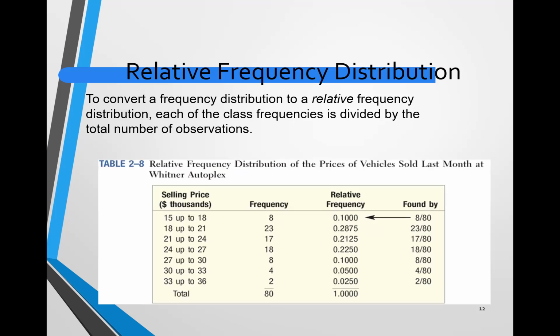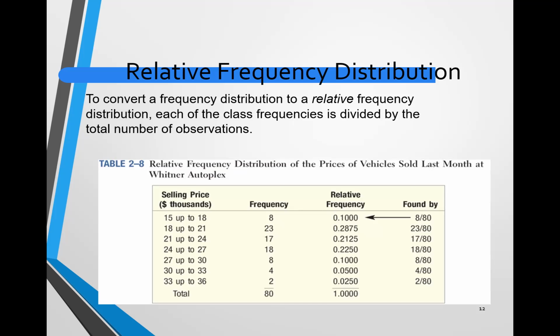Now another important thing is relative frequency. With this frequency table, we can also find out a relative frequency. Relative frequency actually is the frequency of each class divided by the total frequency.